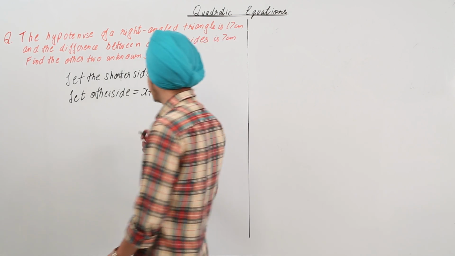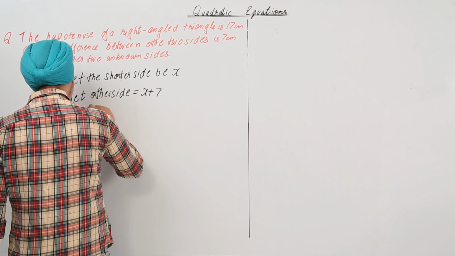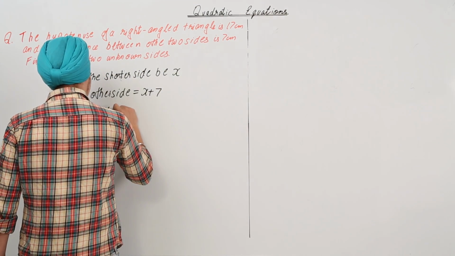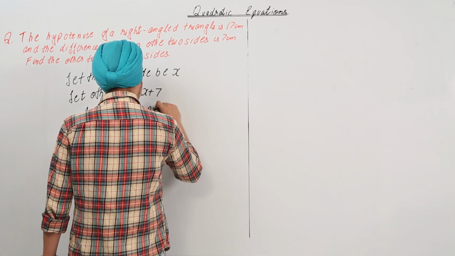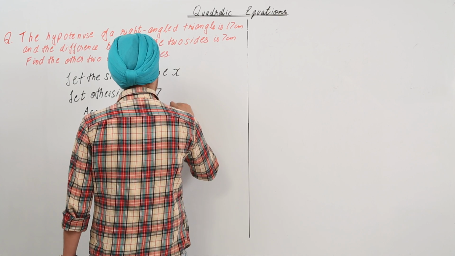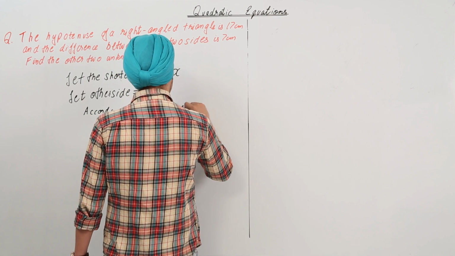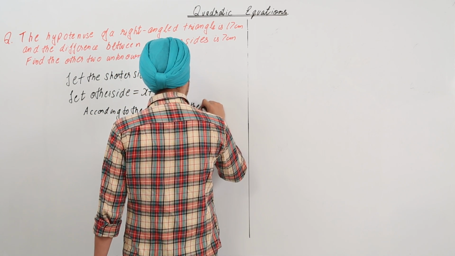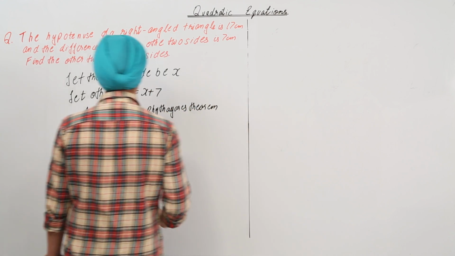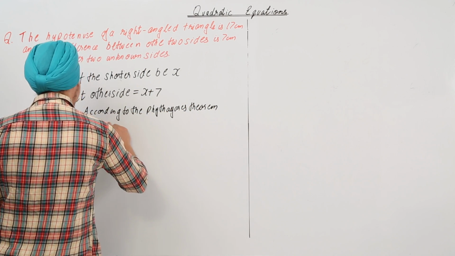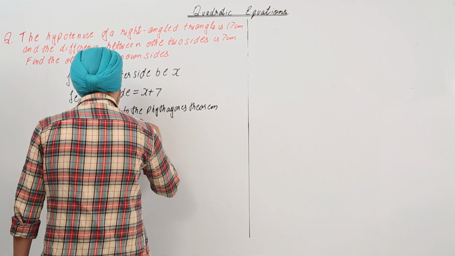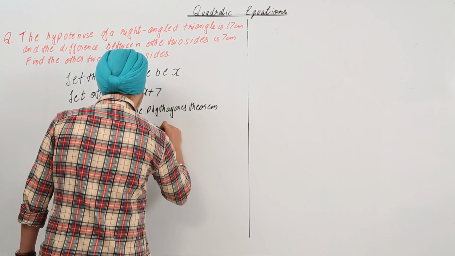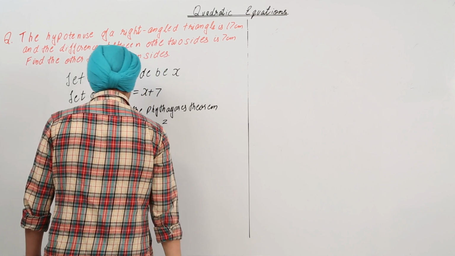So according to the Pythagoras theorem, we get x square plus (x plus 7) whole square is equal to 17 square.